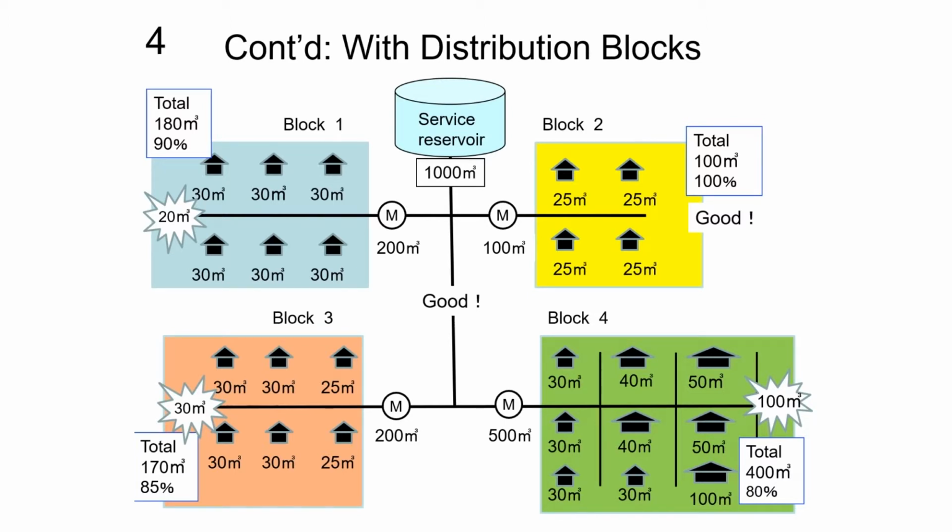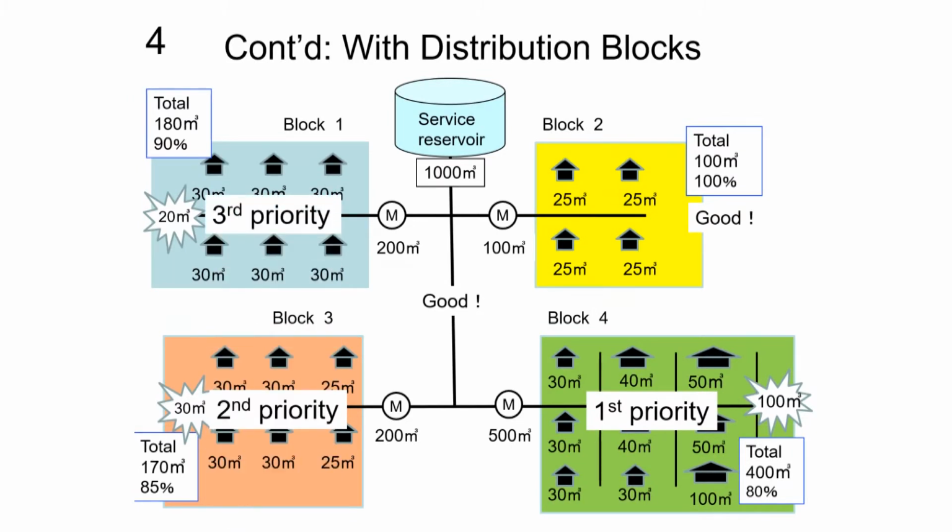We now know the amount of leak from each block. By prioritizing the blocks with higher leaks, we can conduct leak detection efficiently. Once we locate leaks, prompt repair work is important.